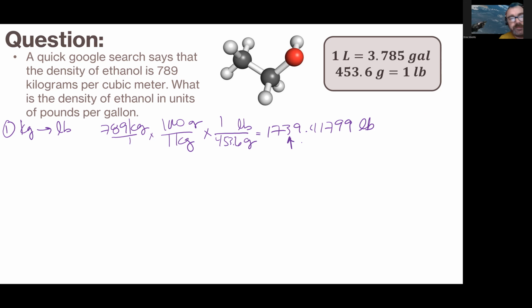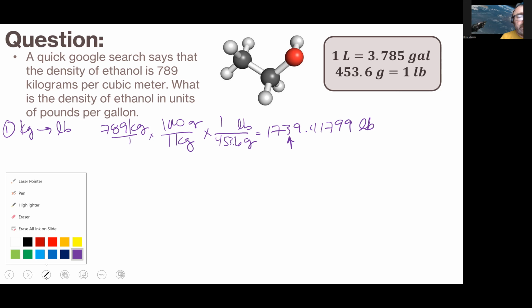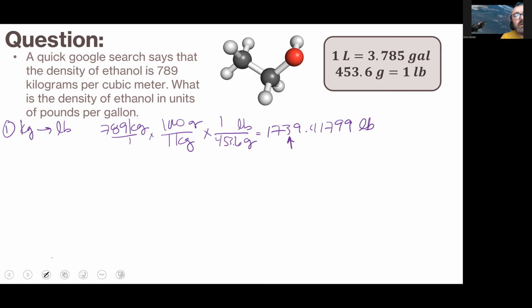We'll leave that for later. The second thing we're going to do is take our cubic meters and convert it into gallons. Now you're going to think, oh, we don't have a number to go with the cubic meters, but we do. Remember, it's 789 kilograms for 1 cubic meter. So this is going to be 1 meter cubed.